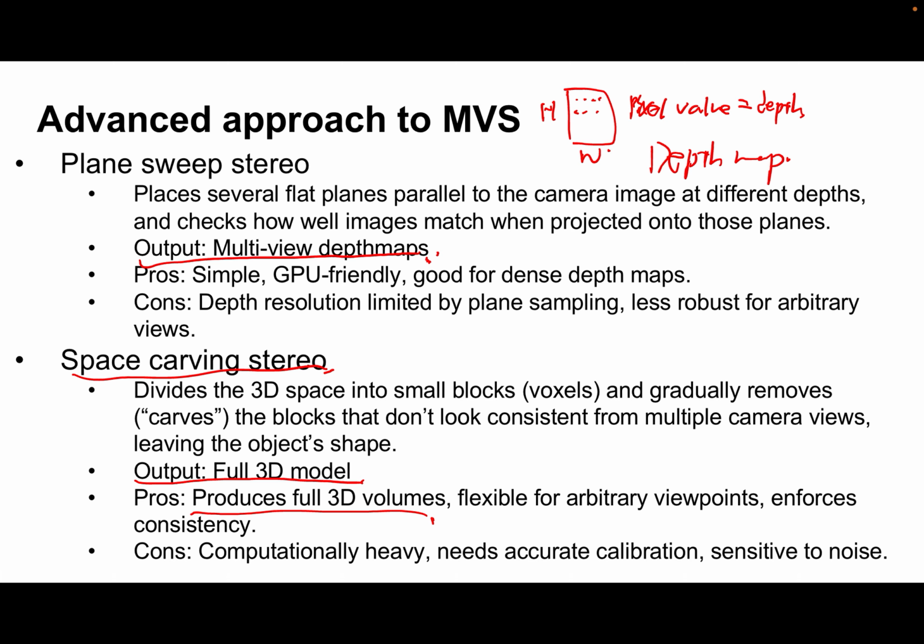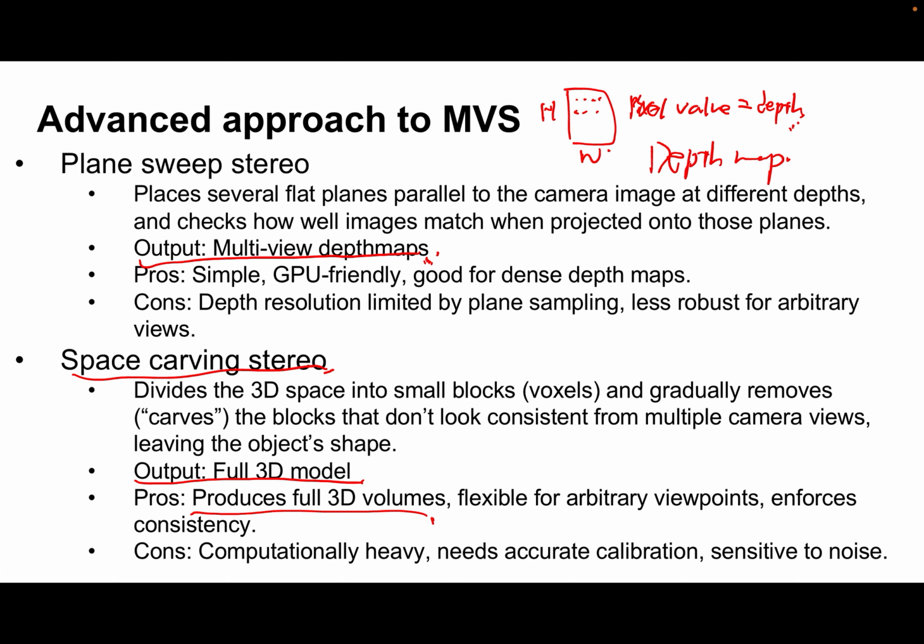Although we have multiple depth maps, it is not full 3D. For each depth map, it only has depth values of visible points. It does not have information about invisible points. So multiple depth maps are not a full 3D volume.